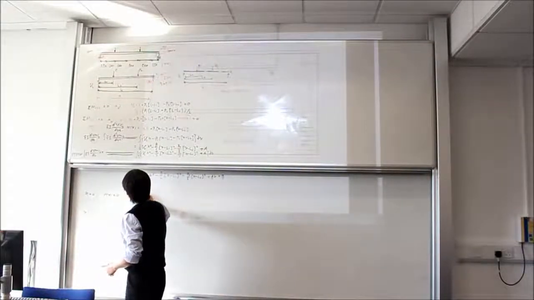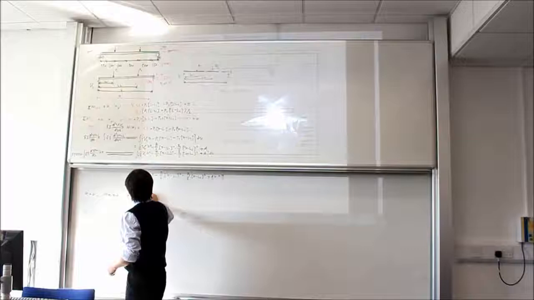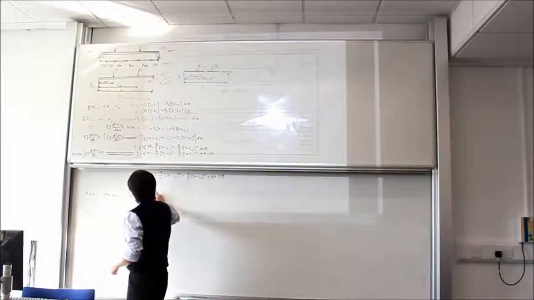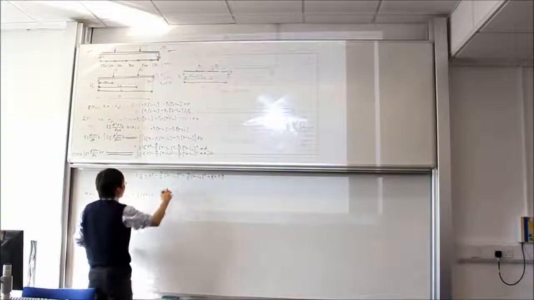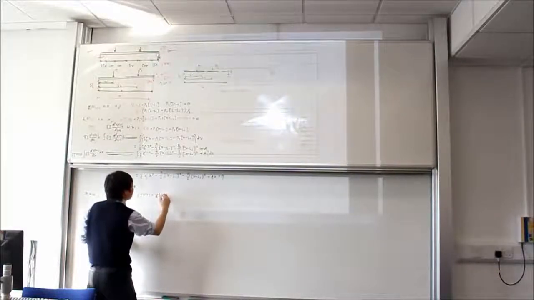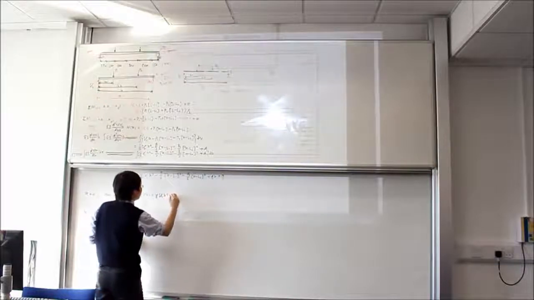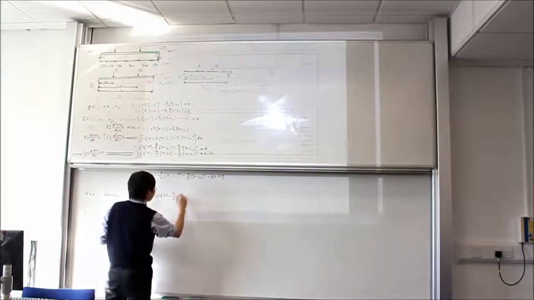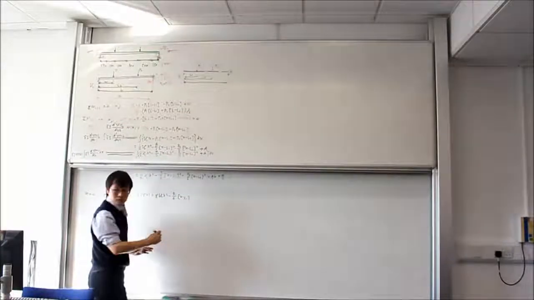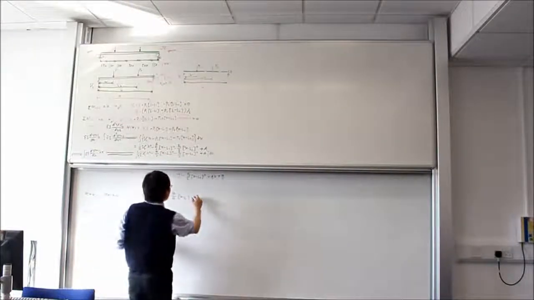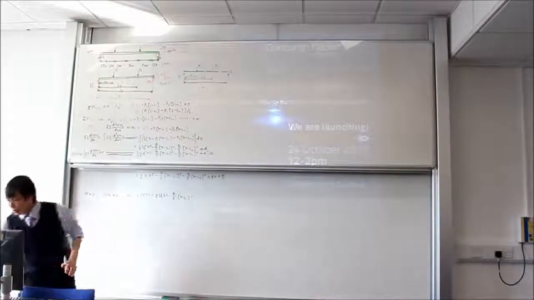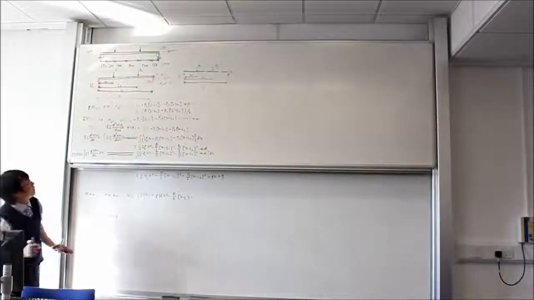So EI V0 is equal to, and then the whole block here. So it's 1/6 VL x3 minus P1/6 x minus L1, and then let's switch off this one first. You can switch on.